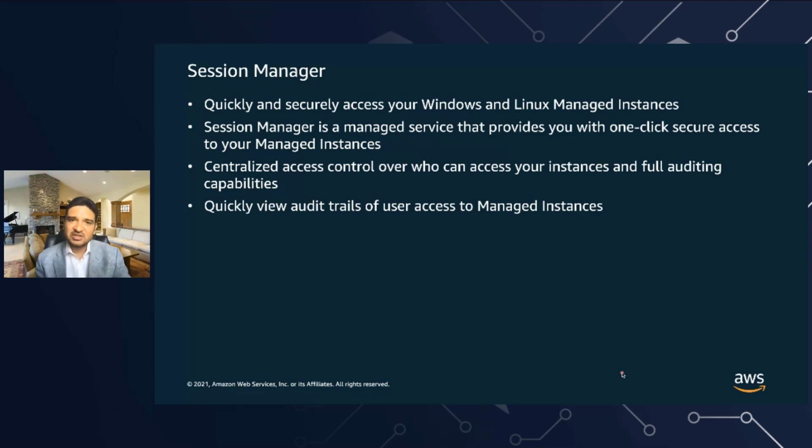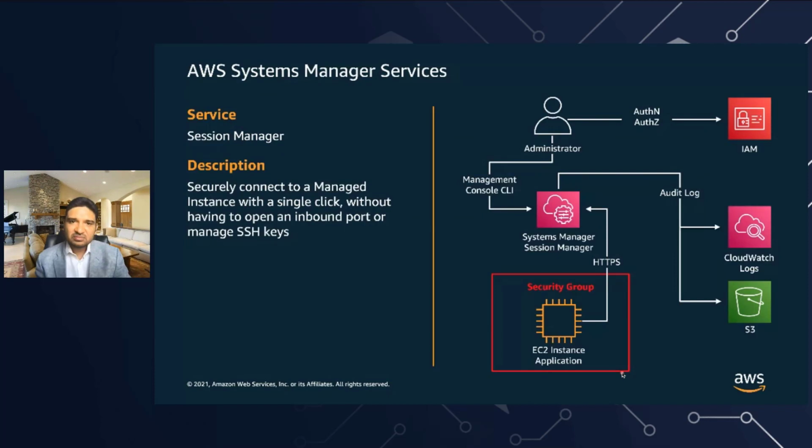You can run queries using Athena on top of that, and you can store those logs in an S3 bucket and also in CloudWatch. So here's a quick high-level workflow of how Session Manager works. The user normally gets authenticated first through single sign-on or some other mechanism to the AWS console, and then they have the permissions defined by their IAM roles, and from there they connect to the Session Manager service.